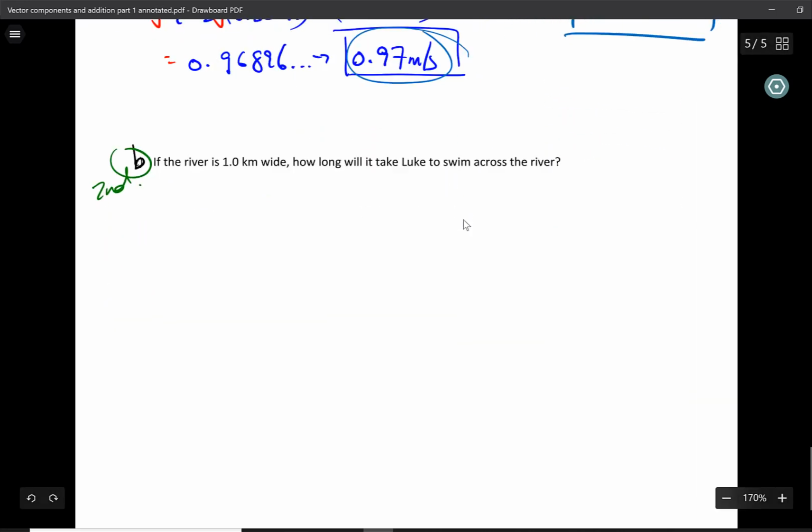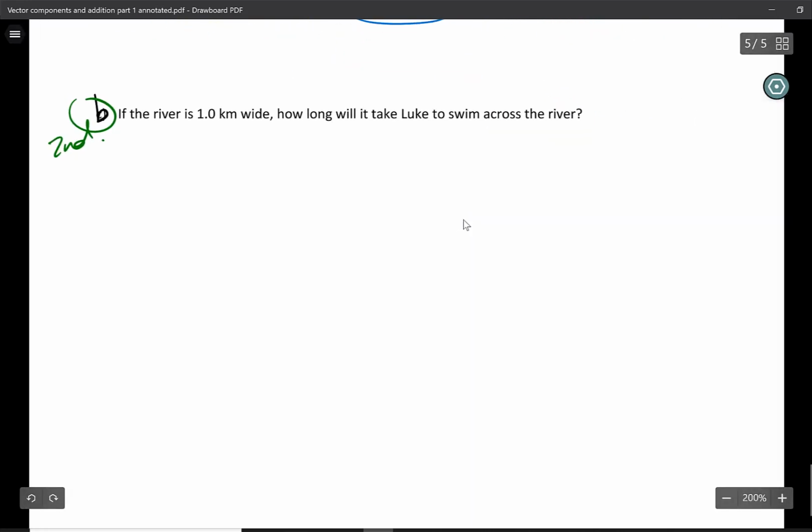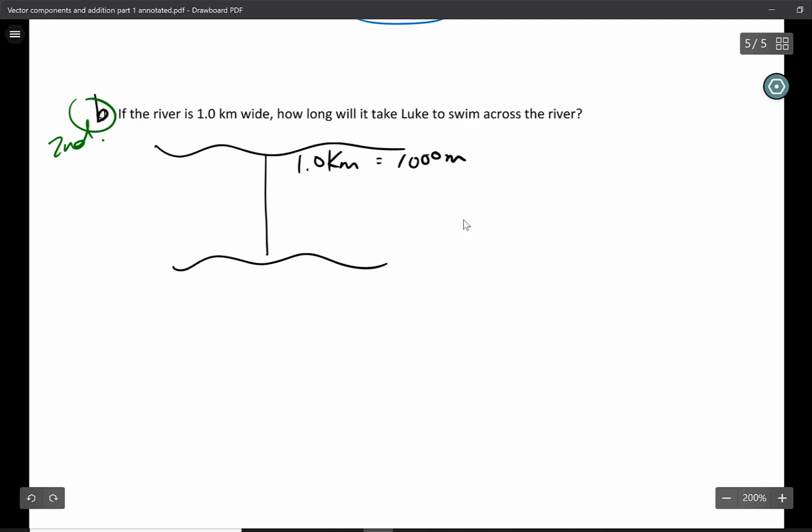And again, I can draw this for you just so you have an idea. Poor Luke is swimming across this river, but now we know that the river is 1.0 kilometers, or 1 kilometer, and yes, you might have thought it's 1,000 meters. Yes, it is. How long would it take Luke to swim across the river?